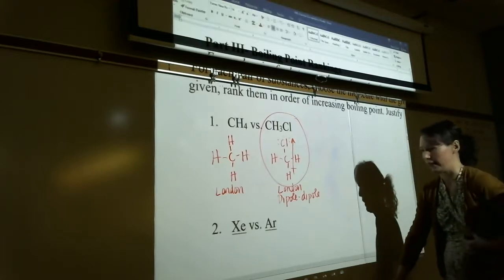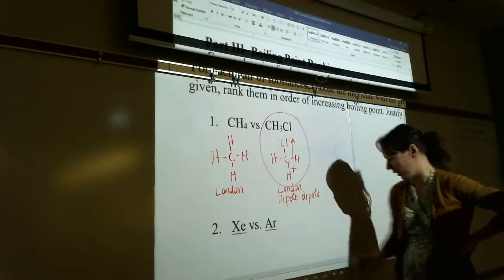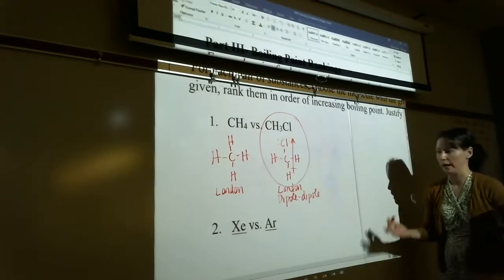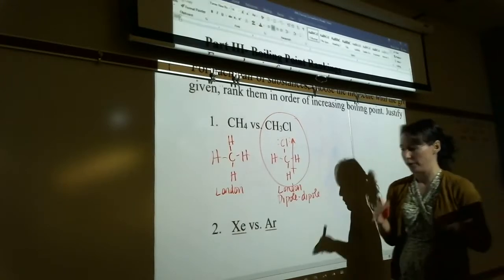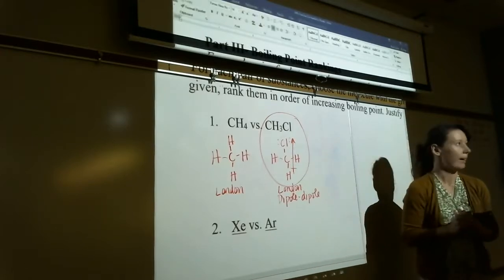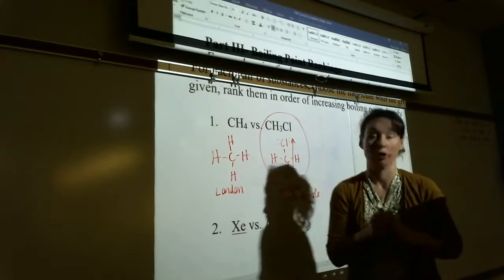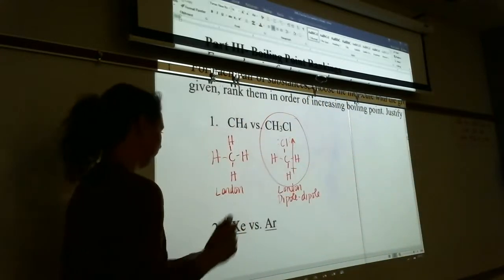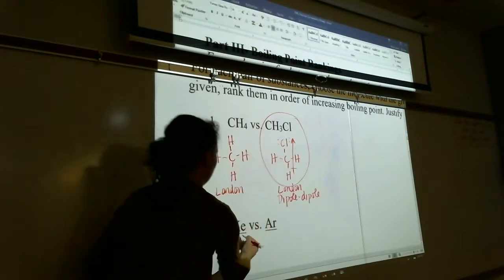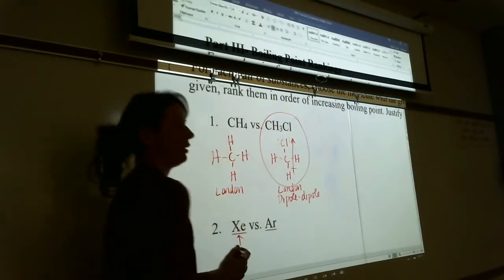All right, and the next one, xenon versus argon. They're both monatomic, right? So we're not looking at a molecule, we're looking at single atoms, but there is going to be one with a higher boiling point. How do you decide? Molar mass. Specifically, we're looking at number of electrons, right? Polarizability. So how many electrons does xenon have? Xenon?